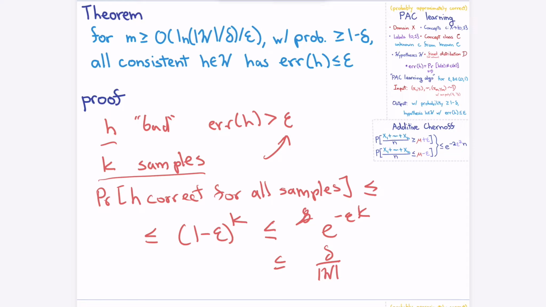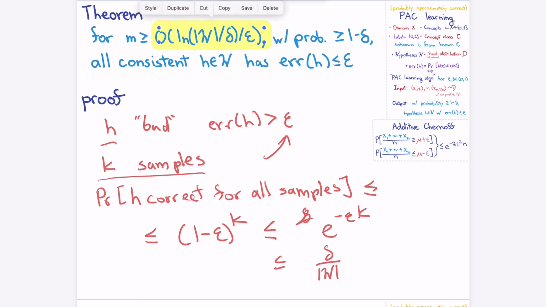Yeah, so if I plug in log of the size of H over delta over epsilon, the top bound for k, then log m is greater than or equal to that. It's a little confusing because I changed letters.